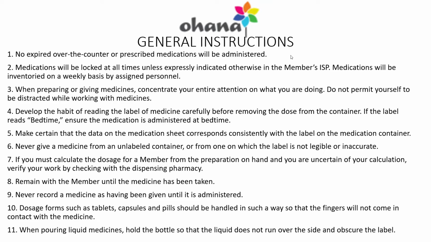Seventh, if you must calculate the dosage for a member from the preparation on hand and you're uncertain of your calculation, verify your work by checking with the dispensing pharmacy. So this might be something like prepare 17 grams of Miralax and you don't have the proper instruments to do that.